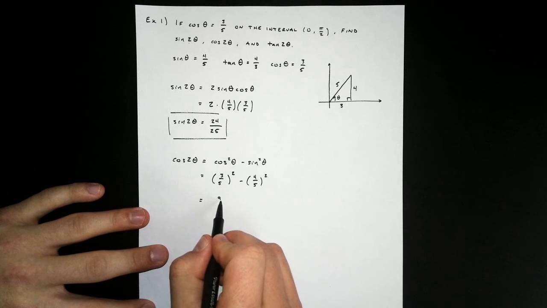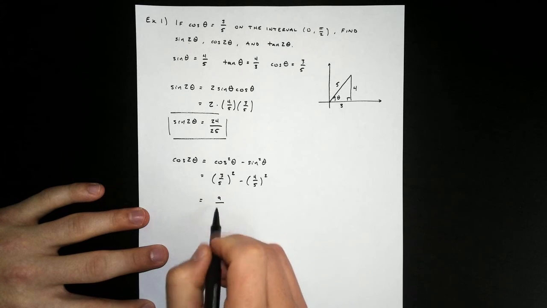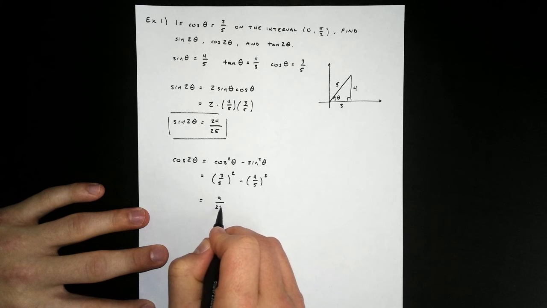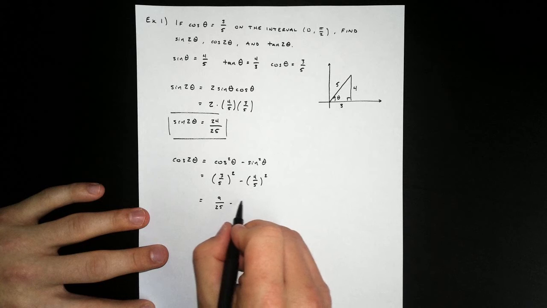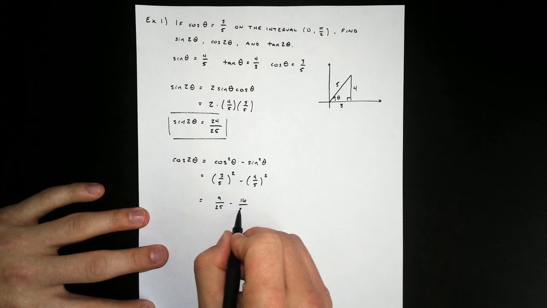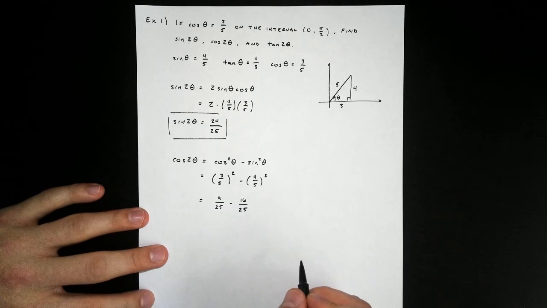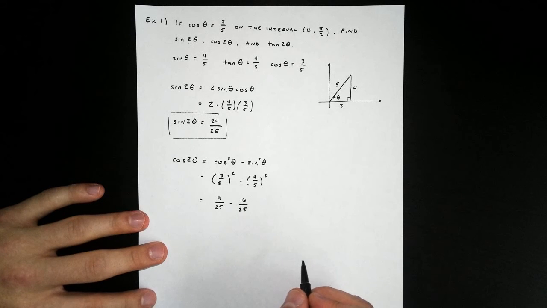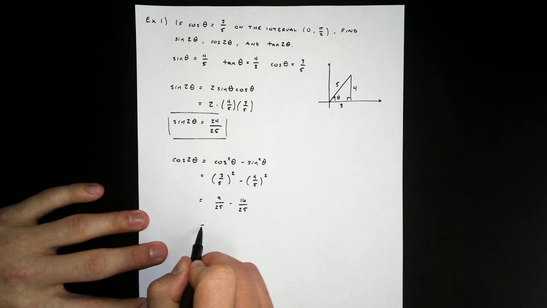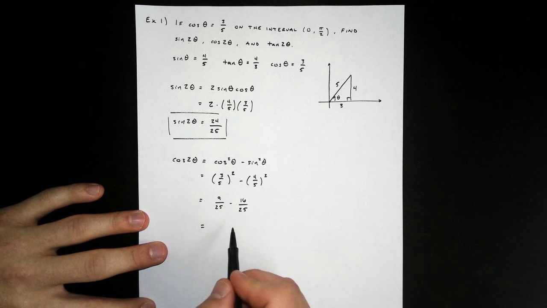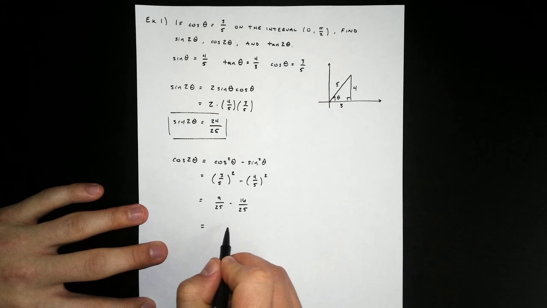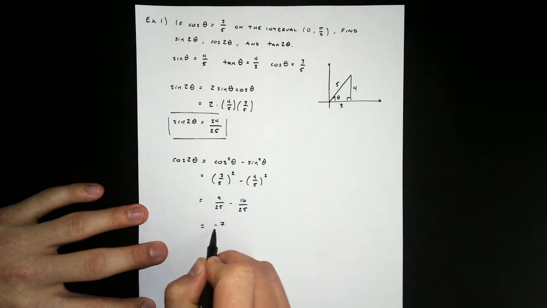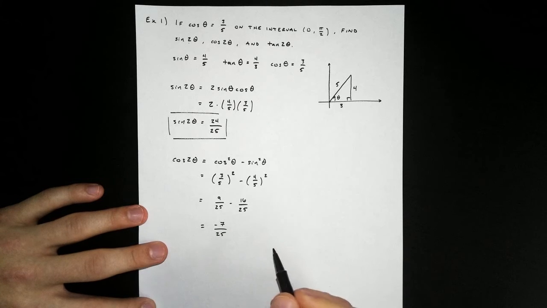So this is 9 over 25, and then minus 4 squared, which is 16 over 25. And then subtracting these two fractions, we do have a common denominator. So 9 minus 16 looks like negative 7 over 25.